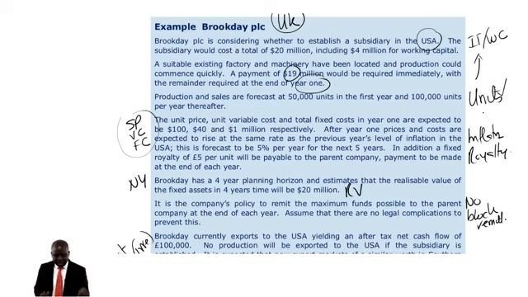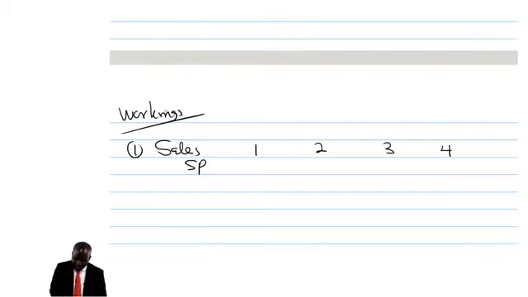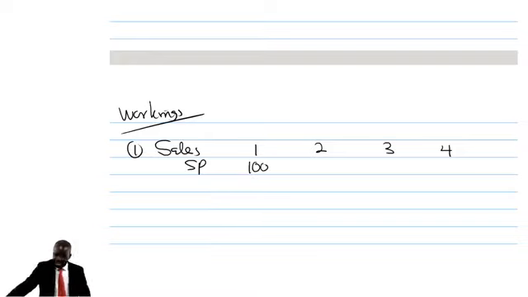It said the unit price, unit variable cost, and total fixed cost in year one are expected to be 100. So year one, the selling price is expected to be 100, and it's going to increase by 5%. So what will be my calculation? Selling price in year one is 100 and is subject to inflation of 5%.